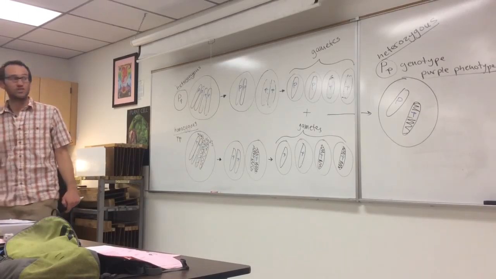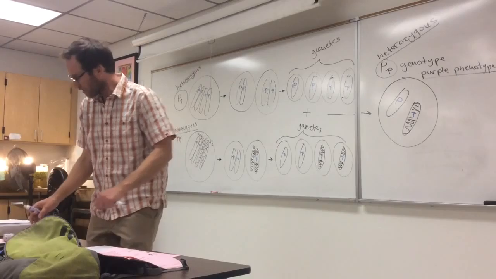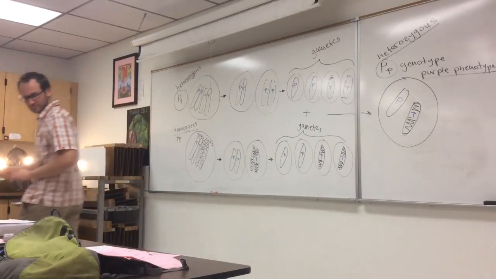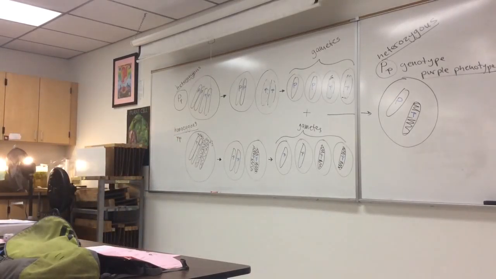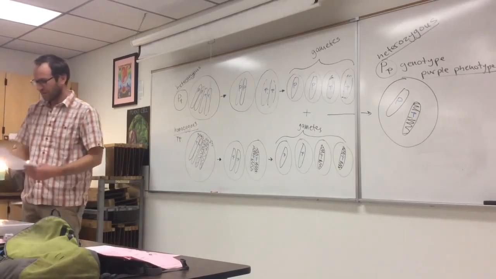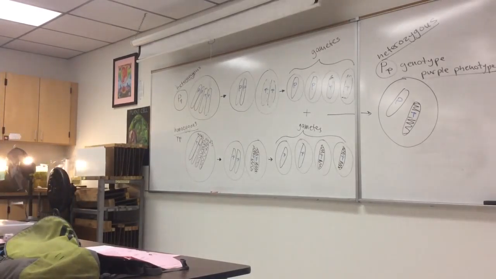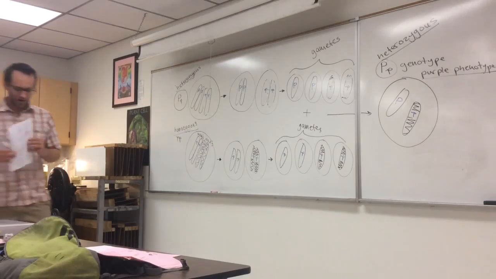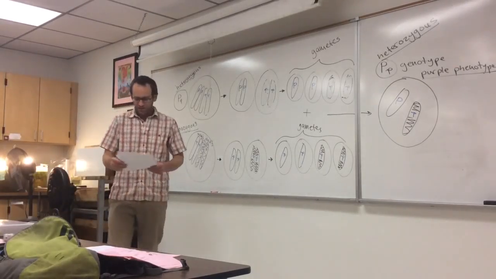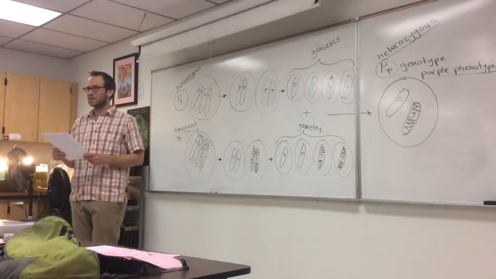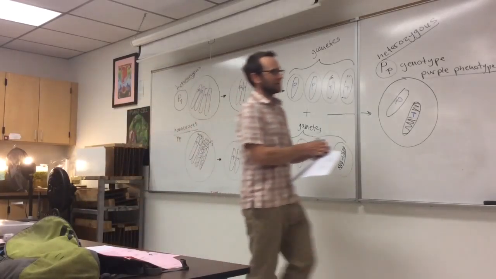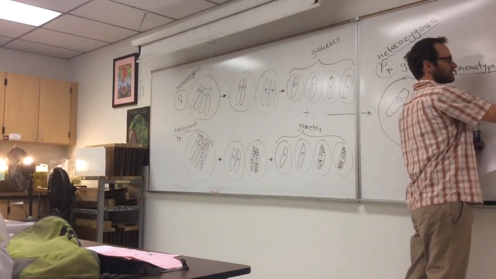Okay. So in this worksheet, if you look down below the sketch you made, you will see a Punnett square where we have done just that. We have taken our heterozygous individuals.